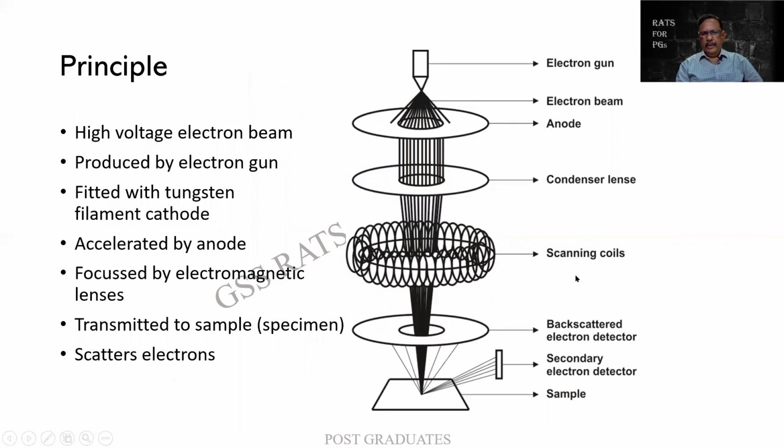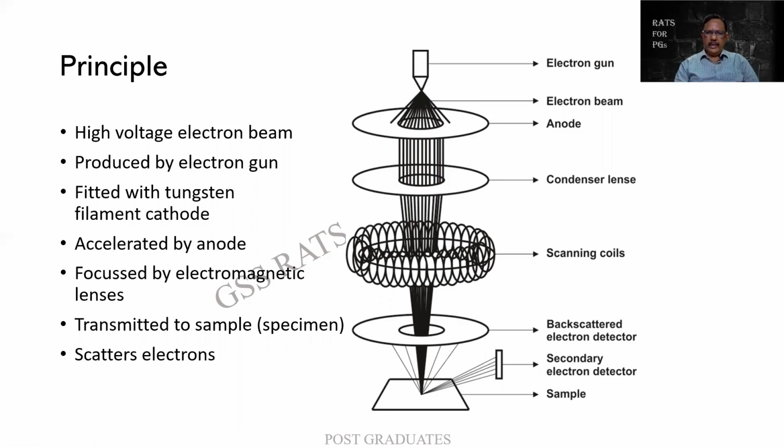This is the principle. Now that you have been introduced to the electron microscope, I would like you to kindly appreciate this diagram. So there is an electron gun, almost similar to the source of light, and that produces the electron beam, which is being reflected by means of the anode. These are all magnetic substances which prevent the beams going outside, and therefore they get concentrated, just like your objective lens.